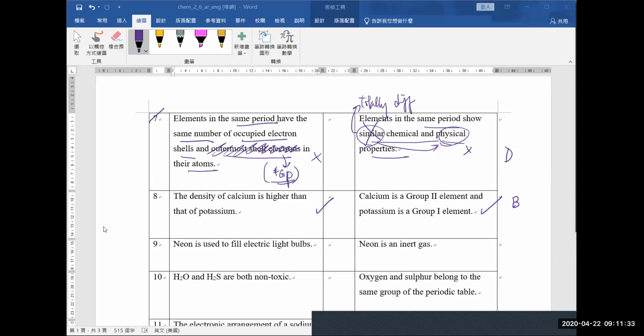Now, Lun Xinwei suggests the units of density, gram per cm cube. Cyrus thinks of it as atomic mass. So density, you mean that density is something about packing, right? The packing of the particles. What type of particles are there in calcium and potassium?